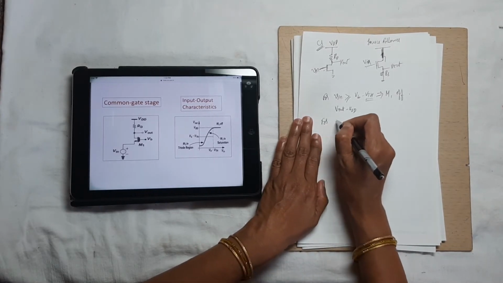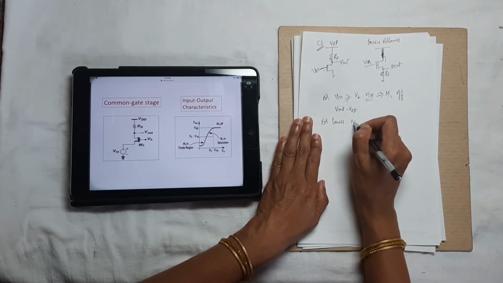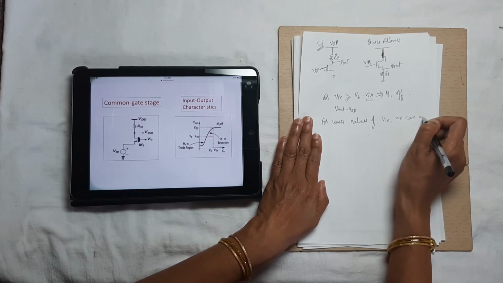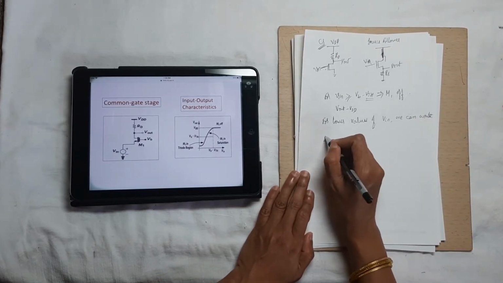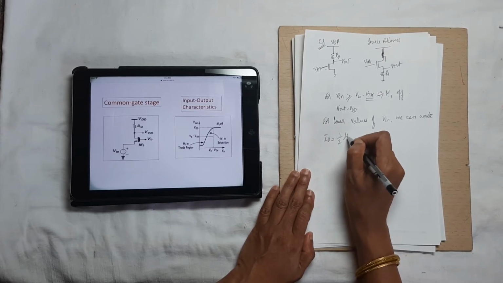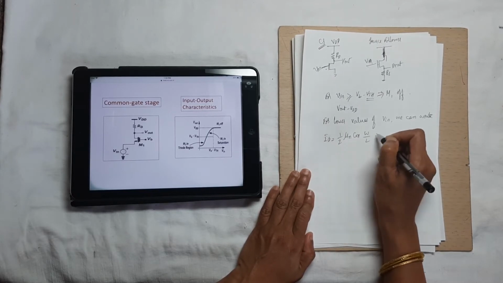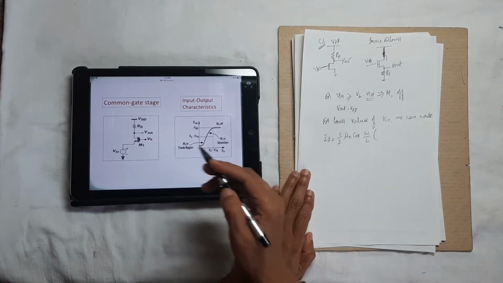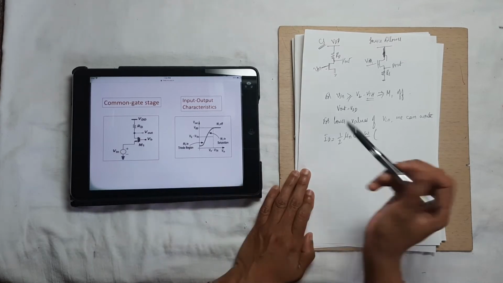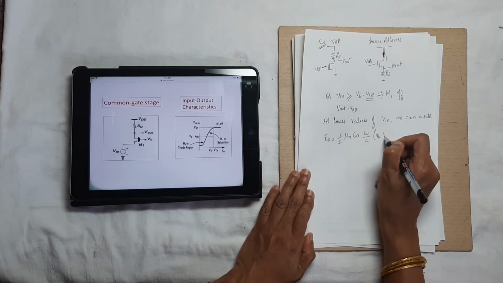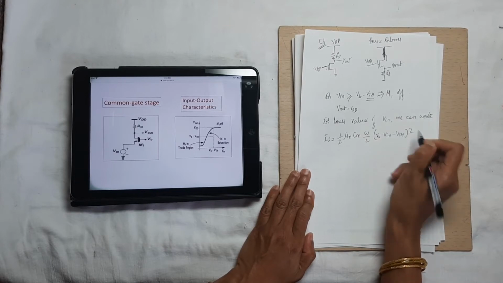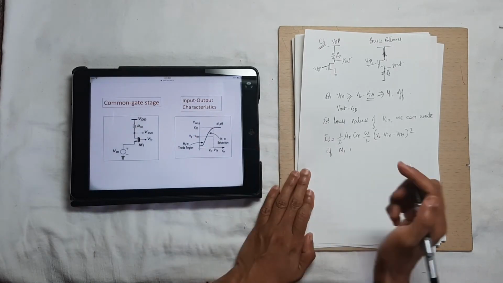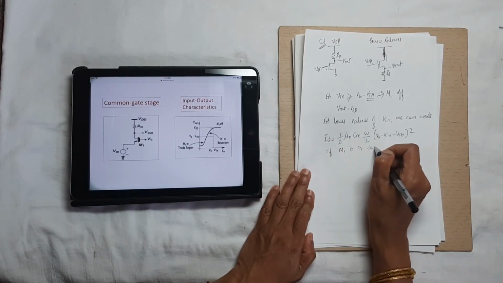For lower values of Vin, we can write ID equal to half mu n Cox W by L, the same saturation current expression, VGS minus VTH whole bracket square. VGS we can write as VB minus Vin, so ID is half mu n Cox W by L, VB minus Vin minus VTH whole bracket square, if M1 is in saturation.